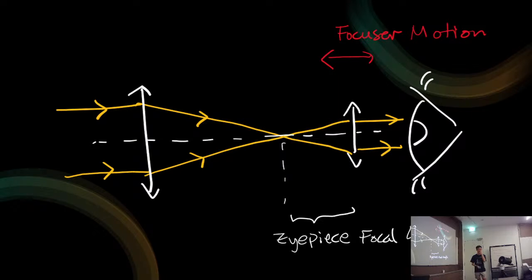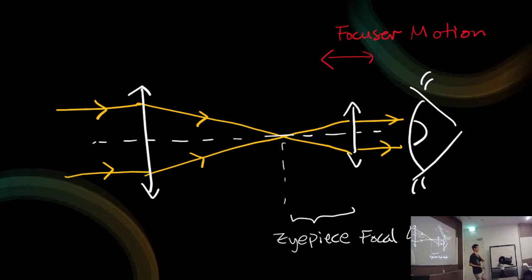So this changes the focal length? No, it doesn't change the focal length, right? Because your telescope has this focal length, it's fixed. Your eyepiece has this focal length. You move it out, it's like this. You move it in, it's like this. Neither of them will be in focus. So when you move it exactly to this point, where this point is your eyepiece focal length, then your image will be in focus.